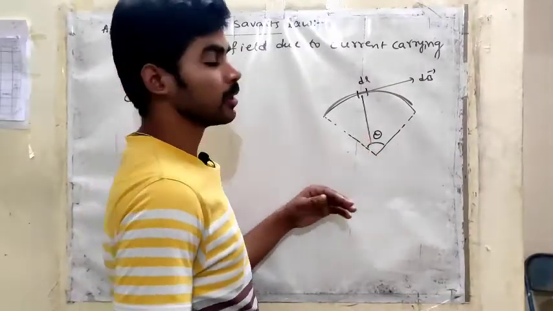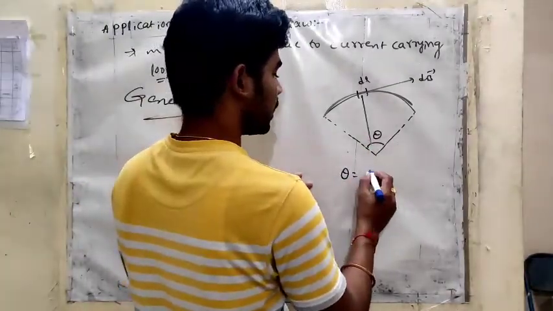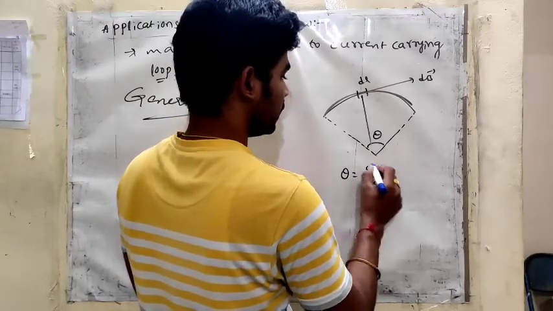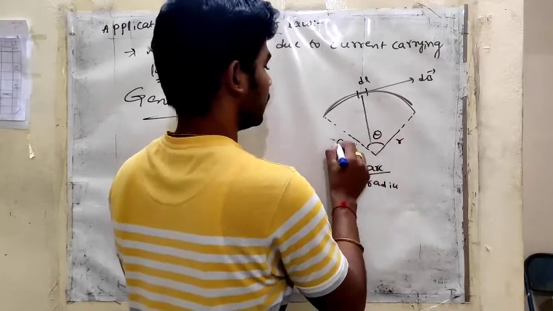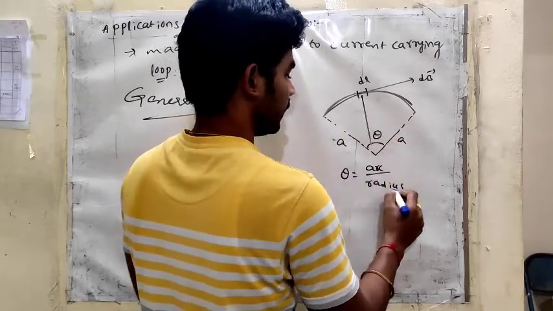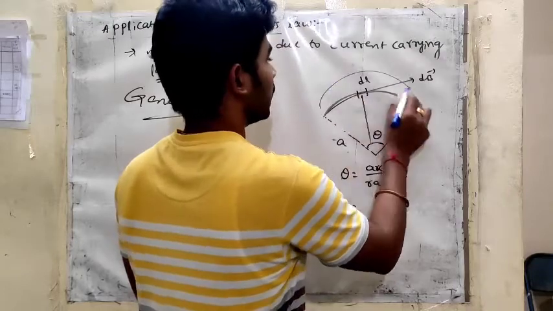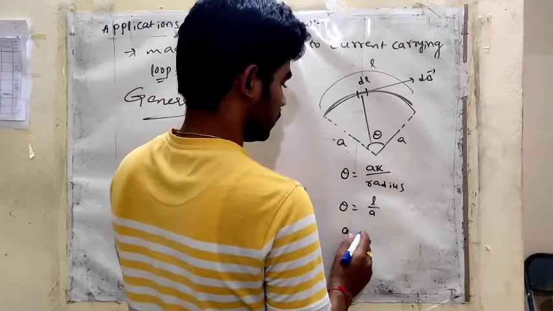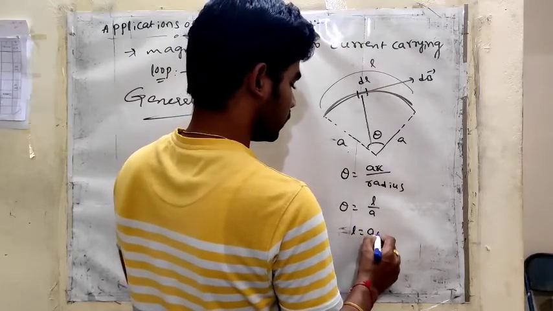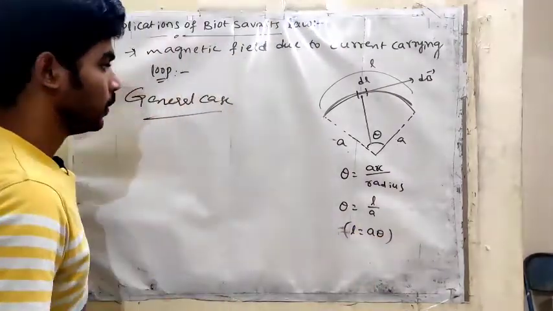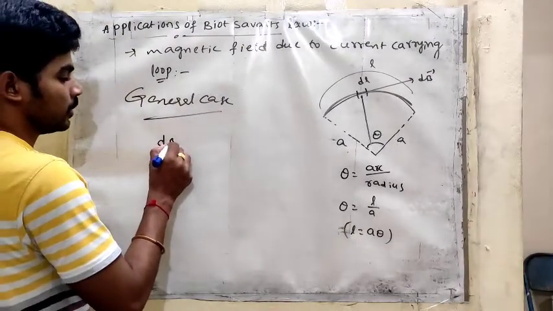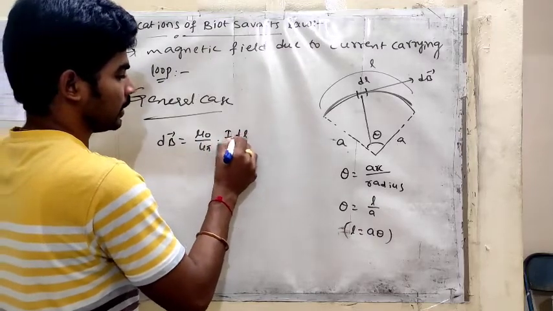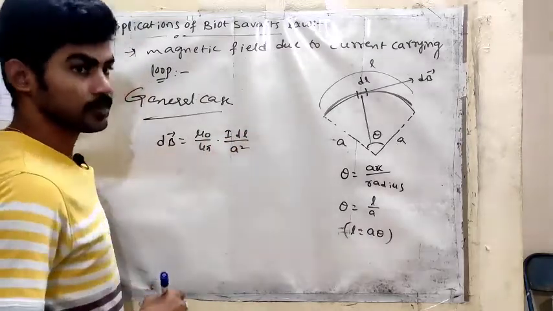Here I need the theta value. What is that theta value? Arc by radius. In 11th standard we already learned theta is equal to arc by radius. That radius is a. So theta is equal to arc length, let us consider L, by a. So L is equal to a theta. What is the magnetic field? dB bar is equal to mu naught by 4 pi I dl by a square.